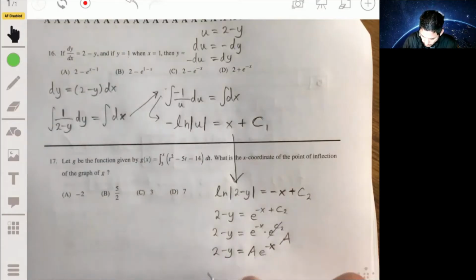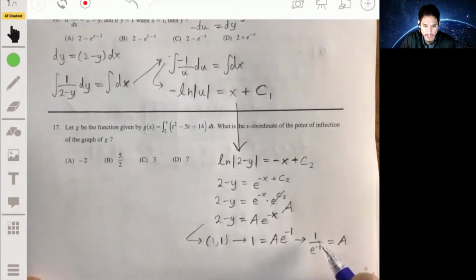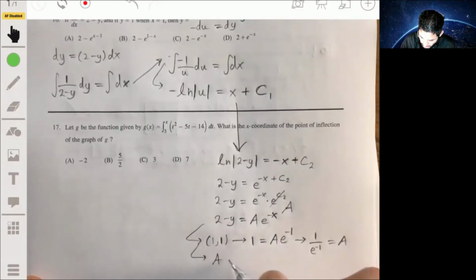So let's plug in the point 1, 1. So 2 minus 1 is 1, equal to a e to the negative 1. So then dividing by e to the negative 1 is equal to a, and that's the same as e. So then your a is just going to be equal to e.